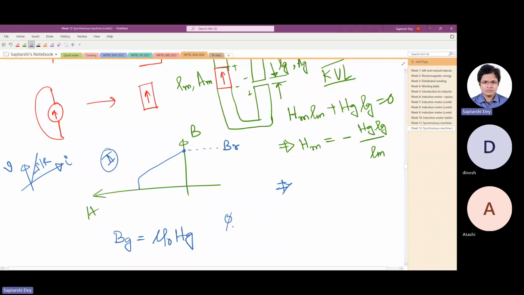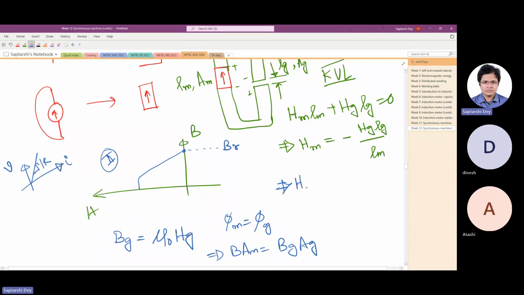So if phi m is equal to phi g, then this is what the B is, B by area, sorry, B dot ds. So Bm times Am equals Bg times Ag.